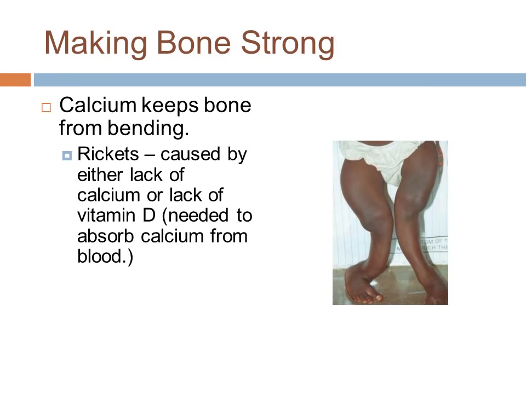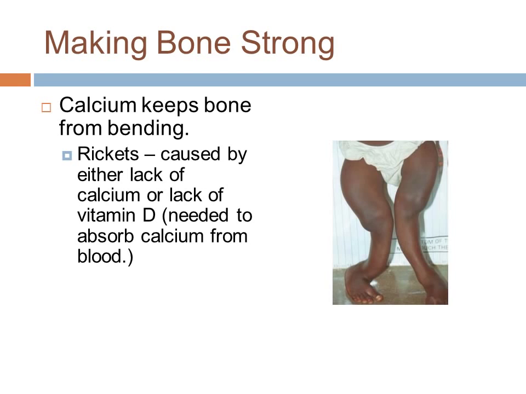So something has happened here, either lack of vitamin D or lack of calcium, to keep these bones from absorbing the calcium into the bones. So these would be bones that have no calcium in them.